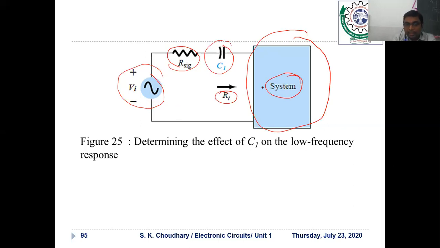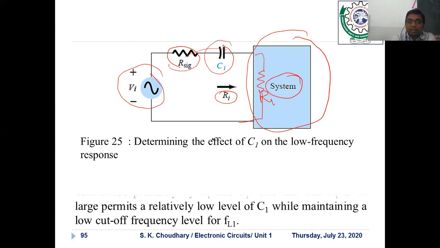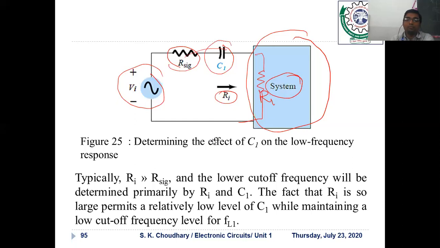When this network is formed, you can easily find the formula of FL1, which is 1 upon 2 pi, R signal plus Ri, into C.